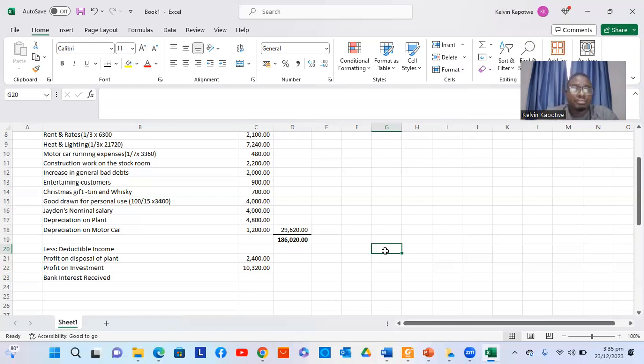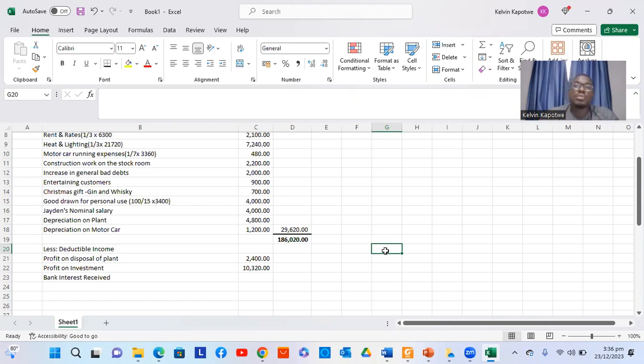All right. So we've got the bank interest received. Bank interest received is income that has been taxed at source. For persons, I think it is taxed at 0%. So when you receive that income, it is already taxed under the withholding tax system. So you must not tax it again because it will be double taxation.